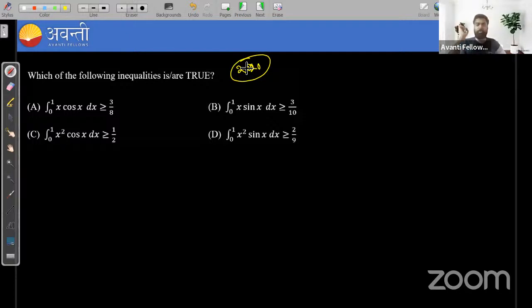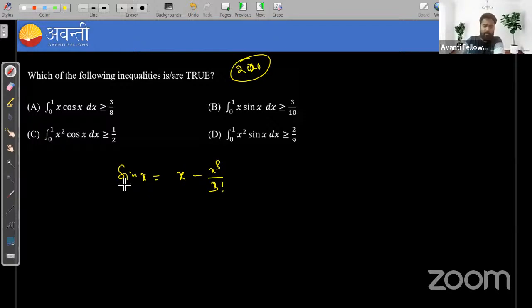All of you know, guys, what is the series expansion of sin x? That is x minus x cube upon 3 factorial. When you studied limits, you have covered all these series expansions, right?